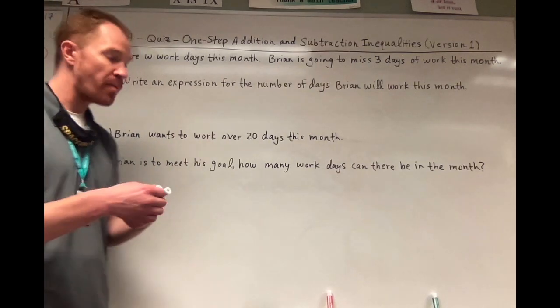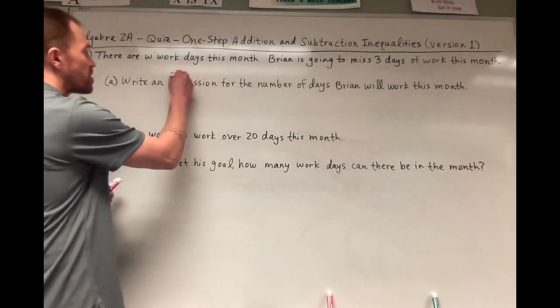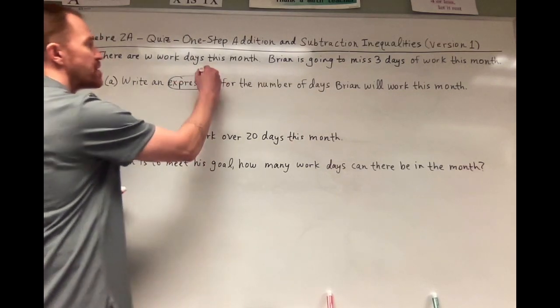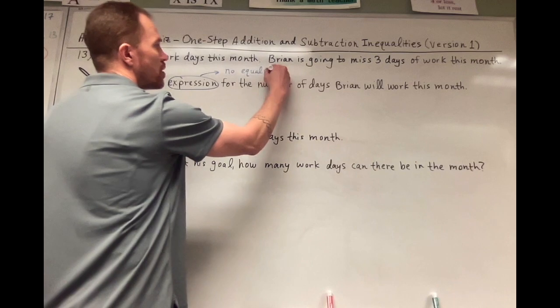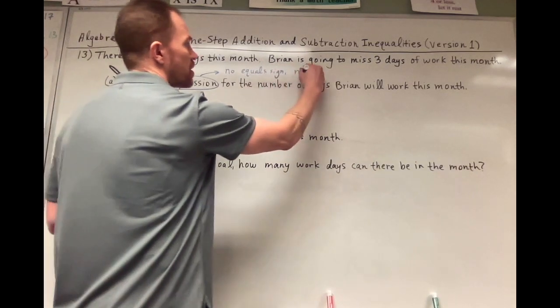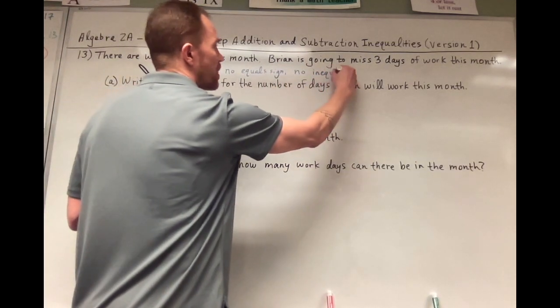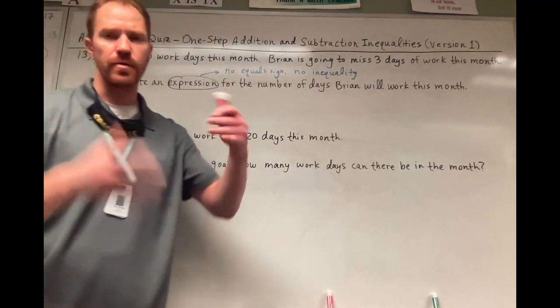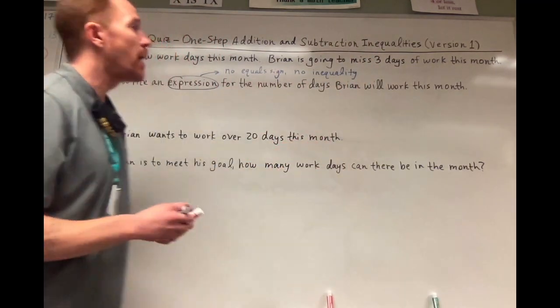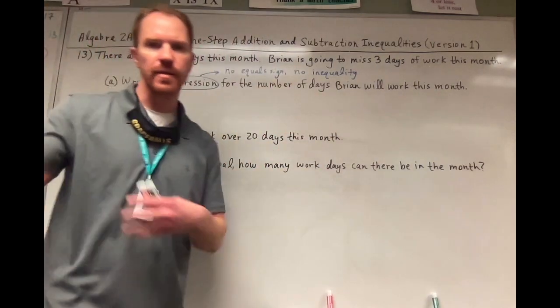So first thing we want to make sure we understand is that an expression has no equal sign and no inequality. So we don't need to say, we're doing inequalities, so this expression is something greater than 3 or less than or equal to 20 or something.